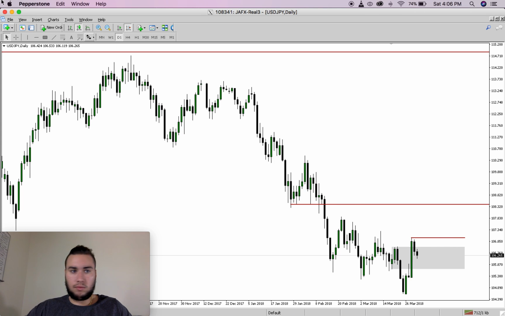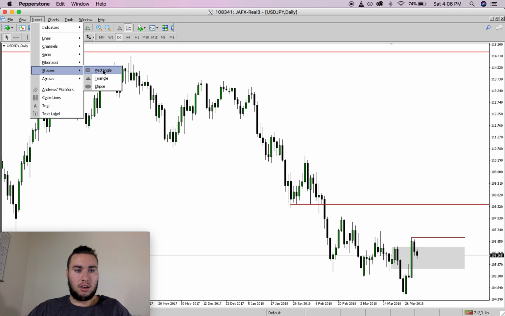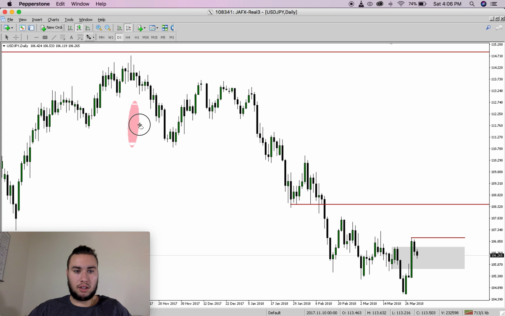So let's break out the circles again and look at this. We've got a low, and then now we've got a high that formed. So think about this. If we form a higher low right here, and then we break above this daily high, what is this? Bullish market structure, right? On a daily time frame.